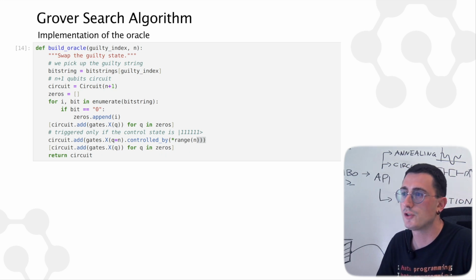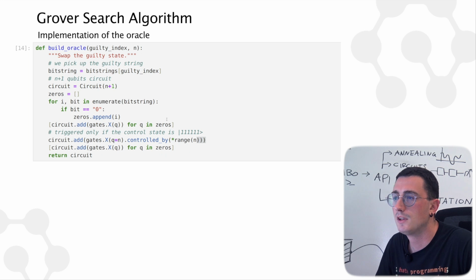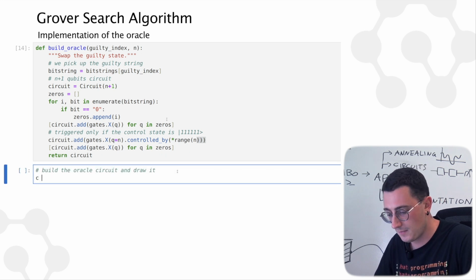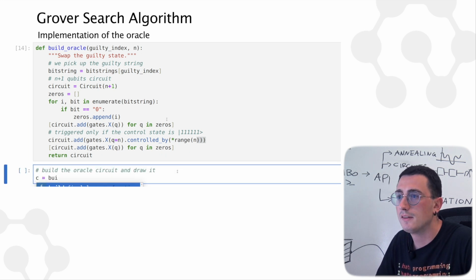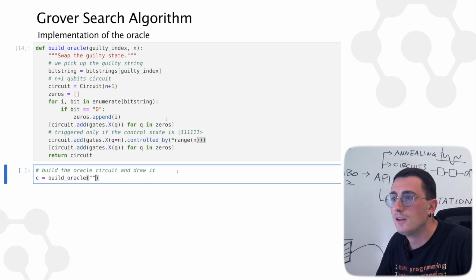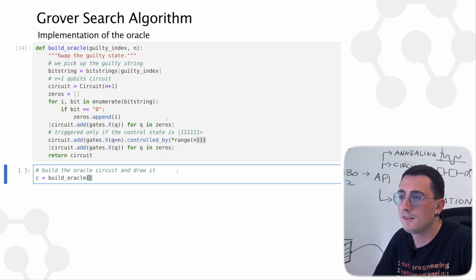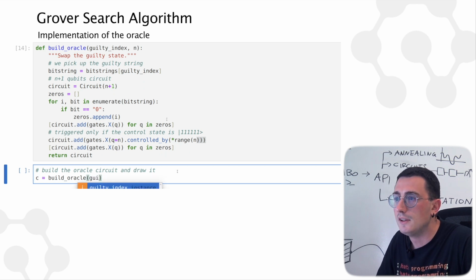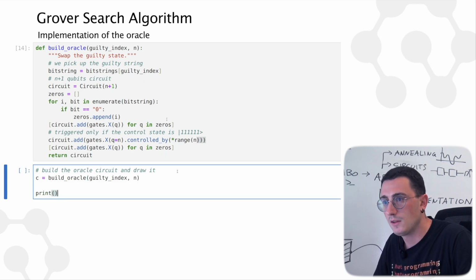We can use this function to create our circuit. Indeed, we can say C equal to build oracle. Then we need to pass the guilty index and the number of qubits n. And then we can print the circuit.